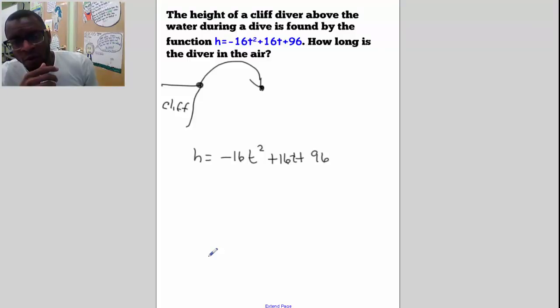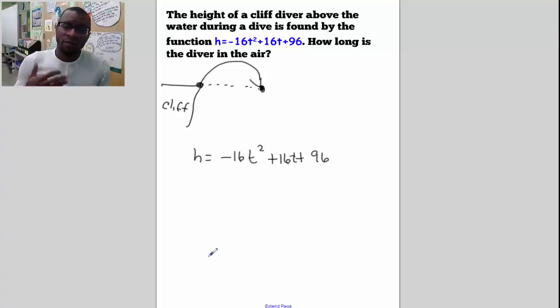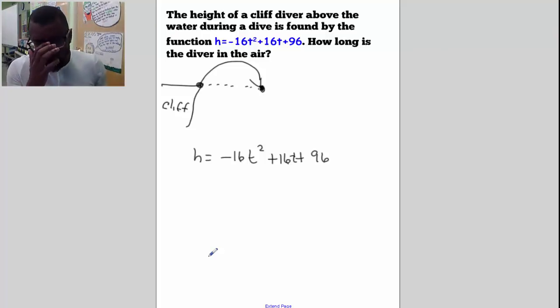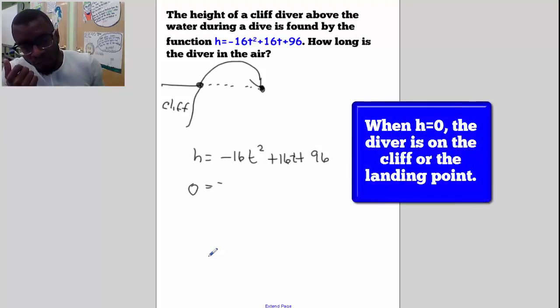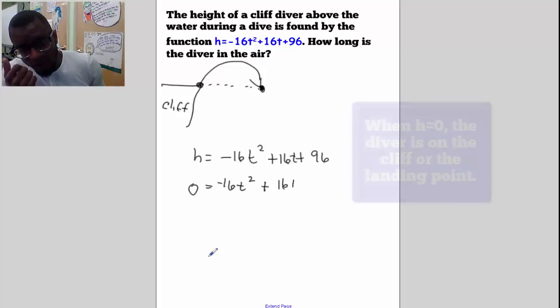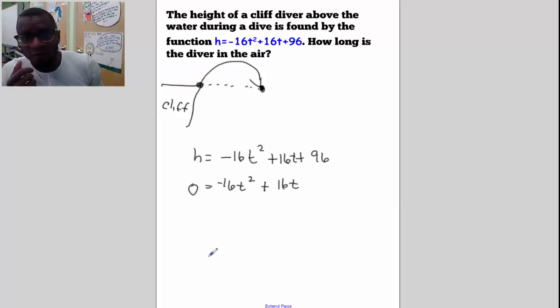Okay, so remember these two distances, they're the initial distance. So what we want to do, we want to make h 0, and that will give us the amount of time he was in the air.